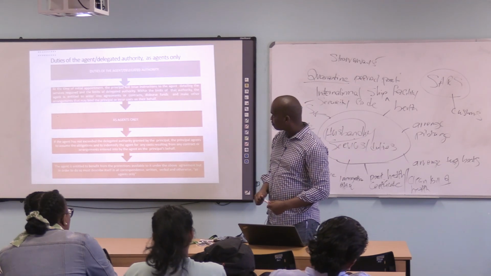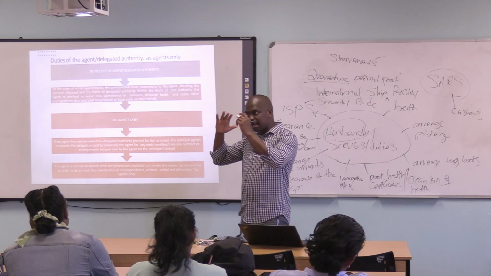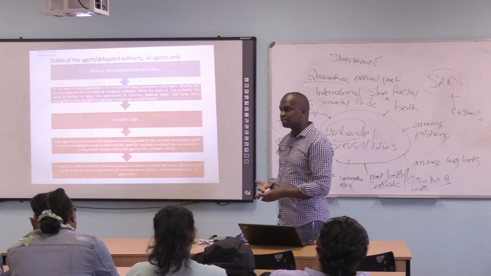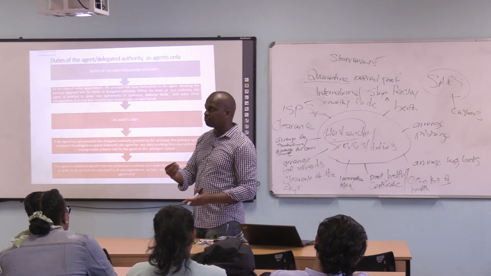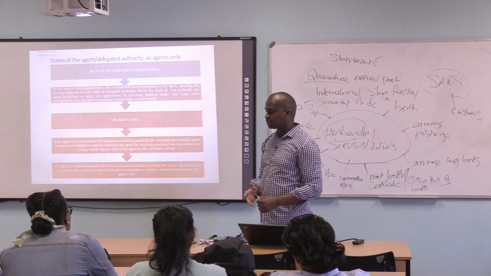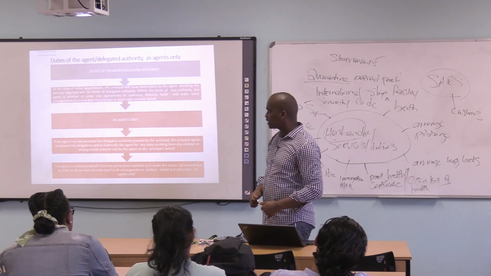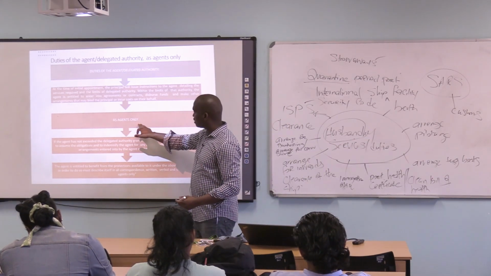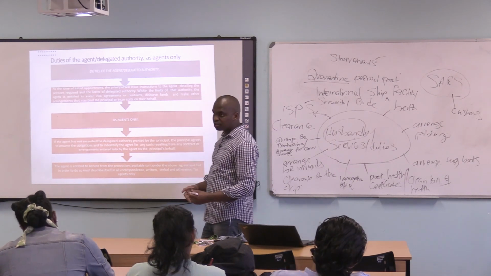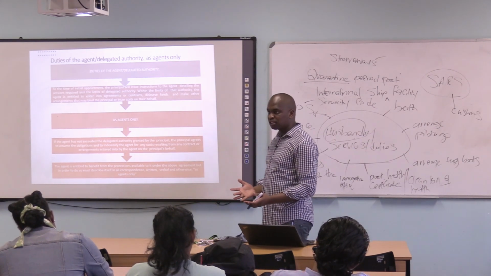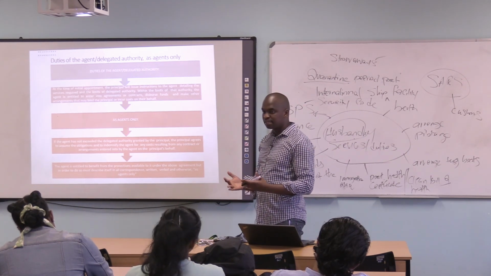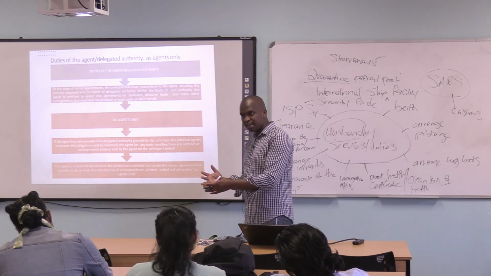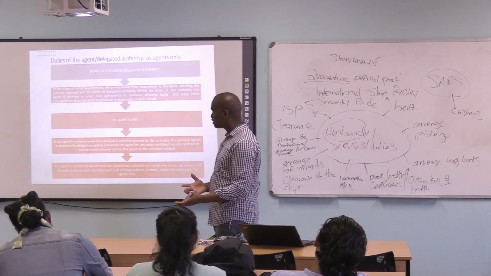Now, as agents only, it is important that agents do indicate that they are acting on behalf of their principals. In often cases, this is going to be clearly visible on the documents, especially if the agent has entered into a contract on behalf of the ship owner and is performing that particular activity on behalf of the ship owner.